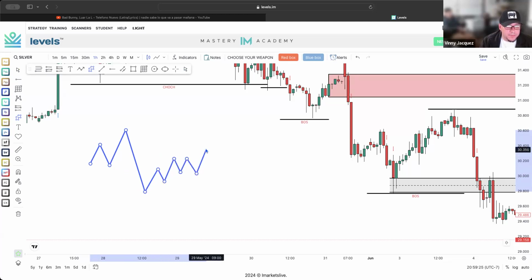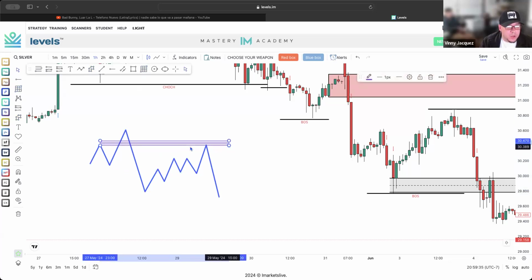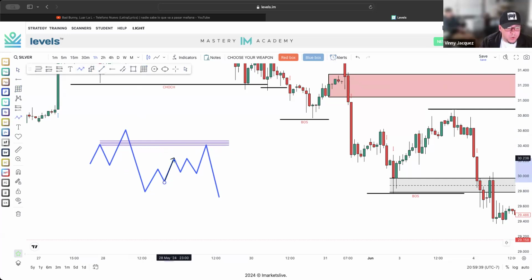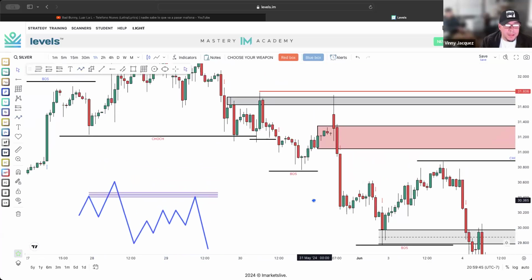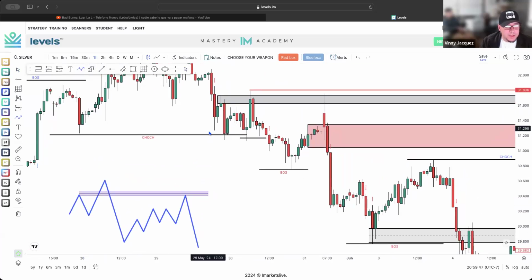Every right shoulder, boom, we just got the right shoulder, makes a brand new setup. Once we get this right shoulder, notice how we get another head and shoulder right here. Shoulder, head, change of character. They follow each other.